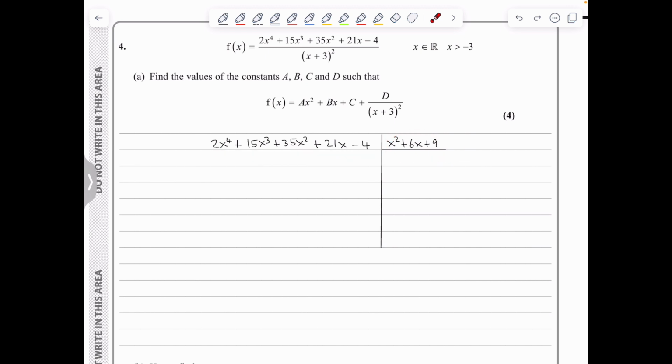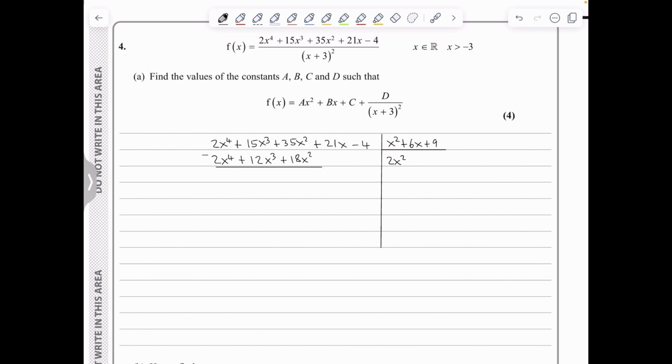Remember, we're always trying to match the highest order term found on the left-hand side. So x squared will be multiplied by 2x squared to get 2x to the power of 4. I also have 12x cubed, and then 9 times 2x squared is 18x squared, and I deduct.